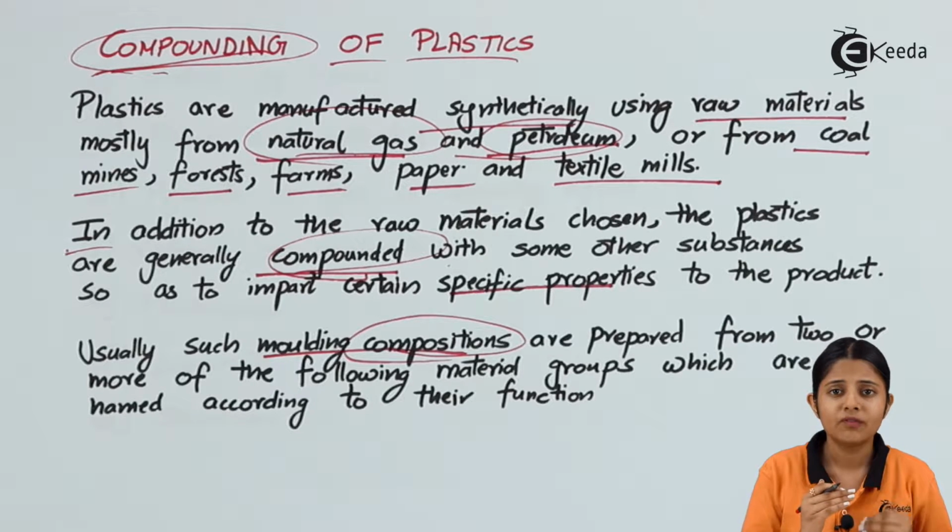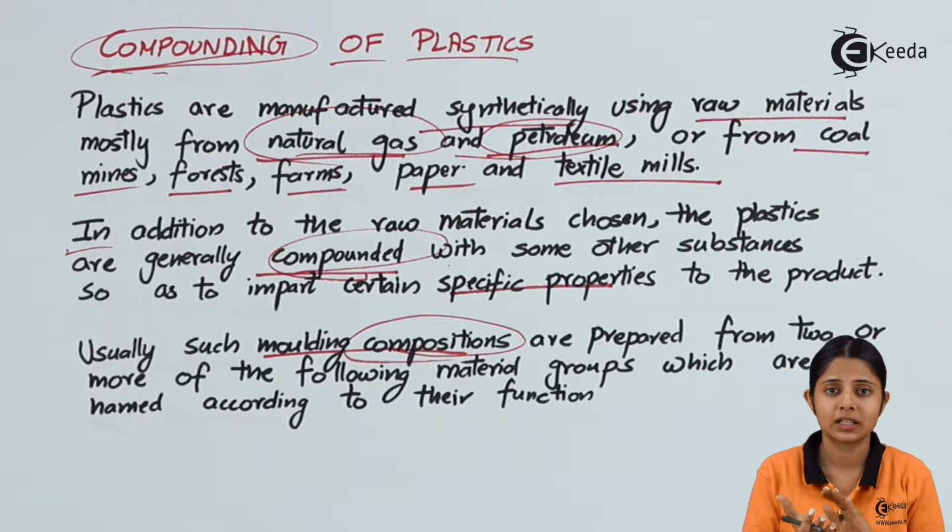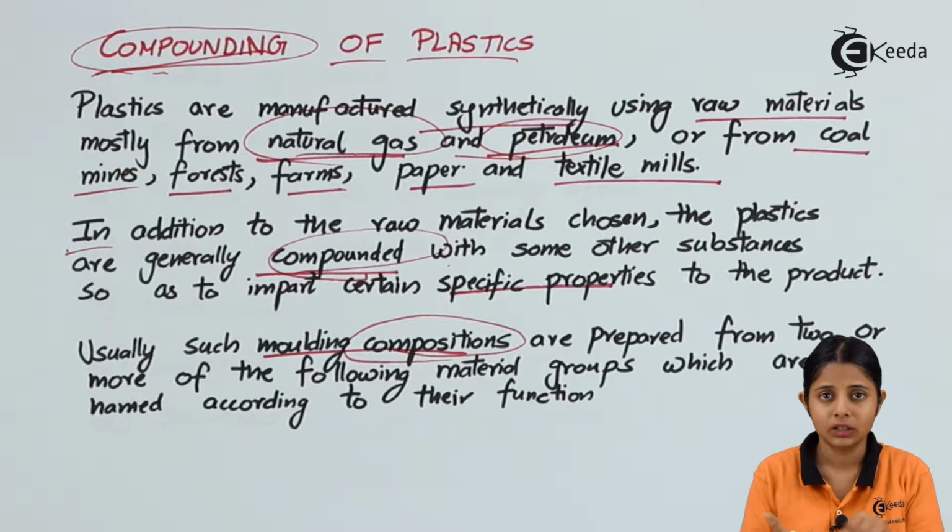If I add them very less, my plastic will not act as a lubricant at all. If I add them very high, the other properties of the plastic will get damaged and that plastic will turn into nothing but a normal lubricant. And that is the reason why we have to make sure that the original properties of the plastic remain the same, plus certain new properties are being added to it, making it a better material for use.